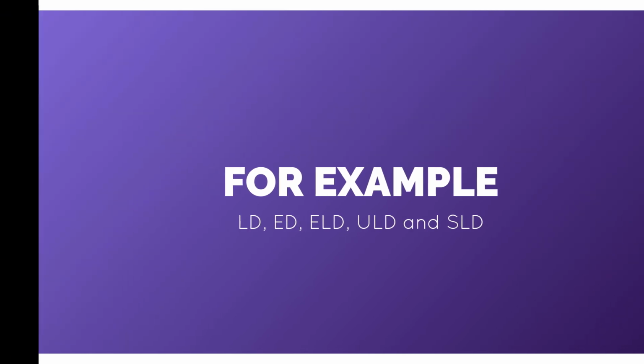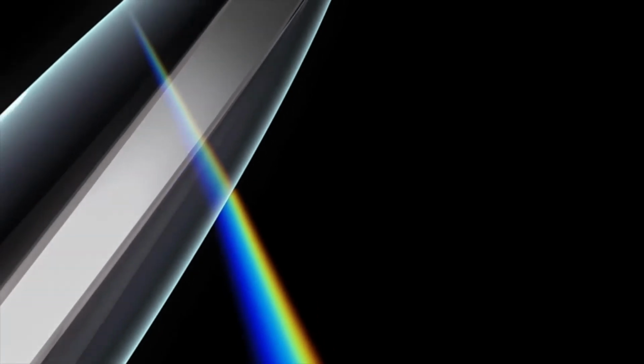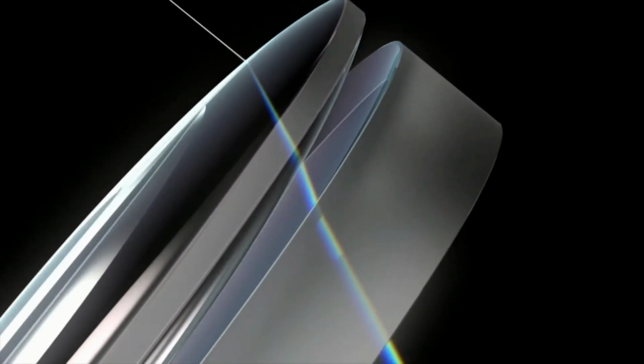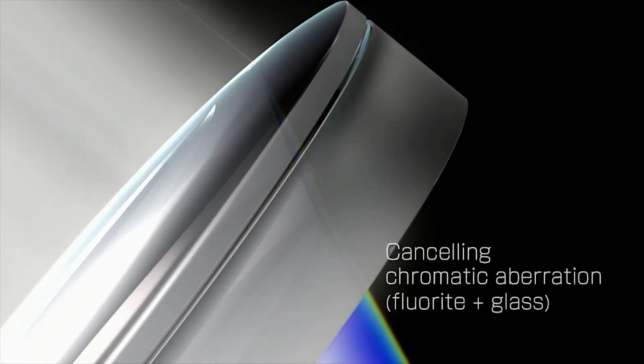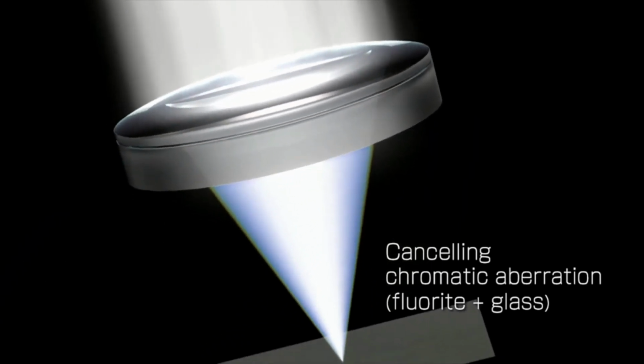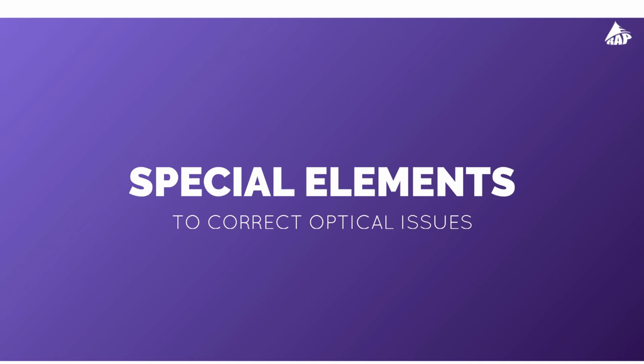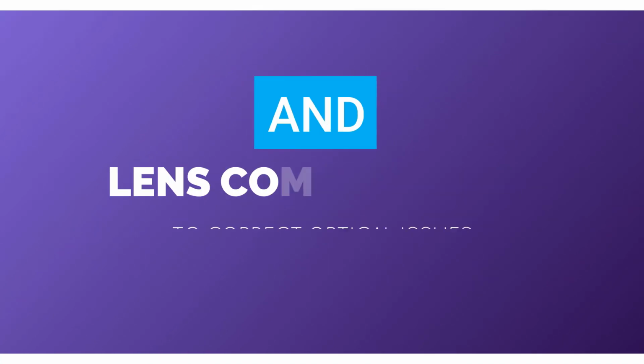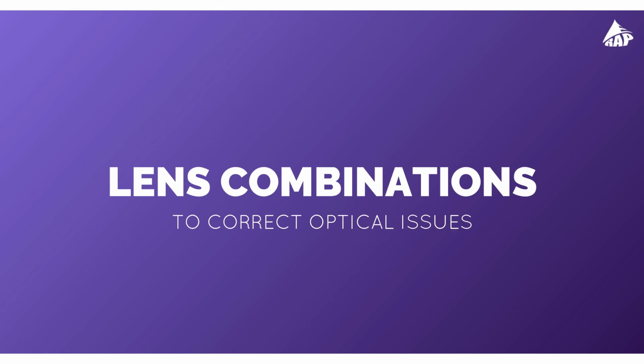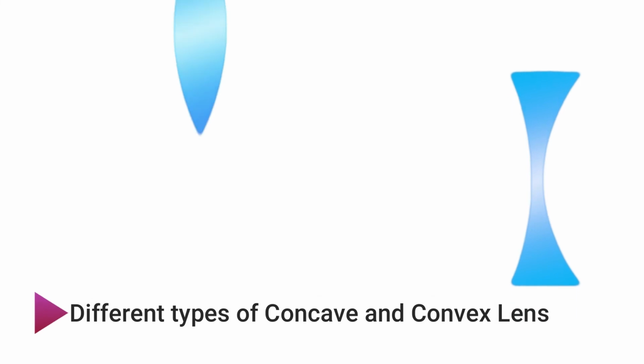Also, they have invented some other effective means of reducing optical concerns, like implementing effective combinations of different glasses to reduce optical issues in the lens without making the lens expensive. For example, LD, UD and different variations of concave and convex lenses.